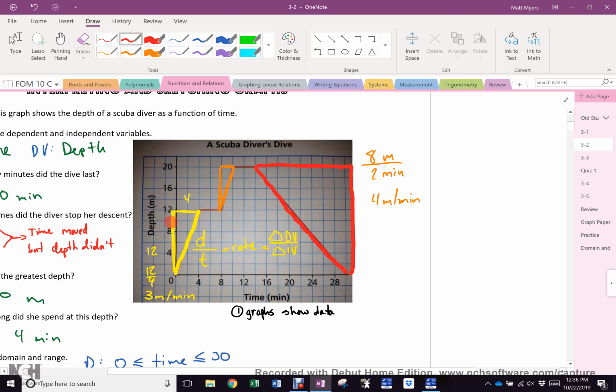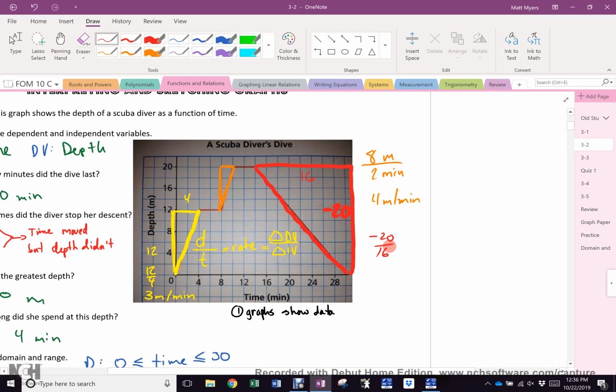I went up 12. What is happening here? Negative 20. Is time changing? What's my time? 16, right? So in red, it's negative 20 over 16.